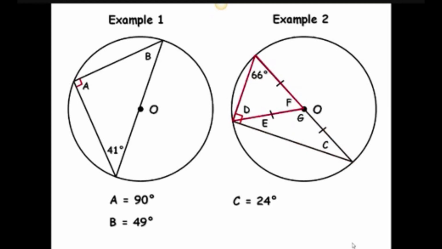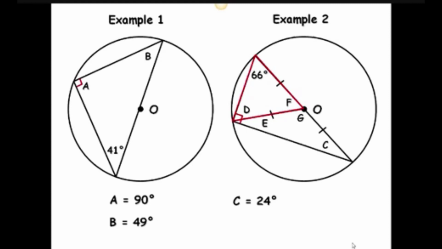Now, let's focus on that little triangle at the top again that I've highlighted. Notice the little lashes. That of course means two lengths are the same, which means it's an isosceles triangle. And the base angles of an isosceles triangle, of course, are equal. What I mean by the base angles are where the two equal sides start from, not where they meet. So the 66 and the D are the base angles of the isosceles triangle.